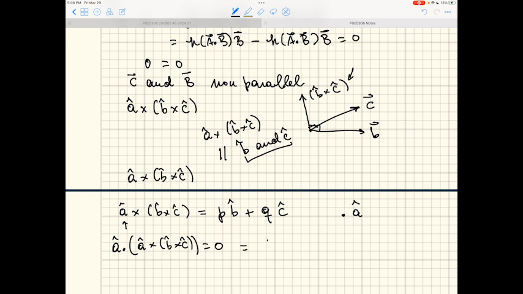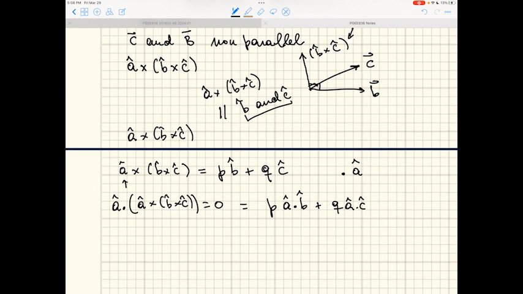So this is going to be P A dot B plus Q A dot C, right? So this equals 0. It means that I can express one of the factors as a function of the other one and the other dot products.